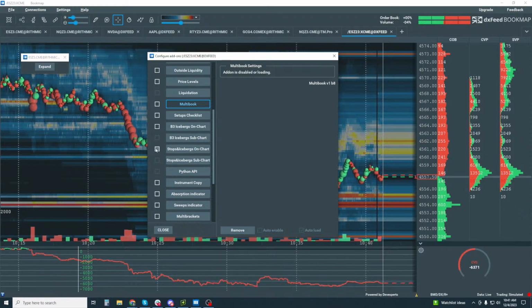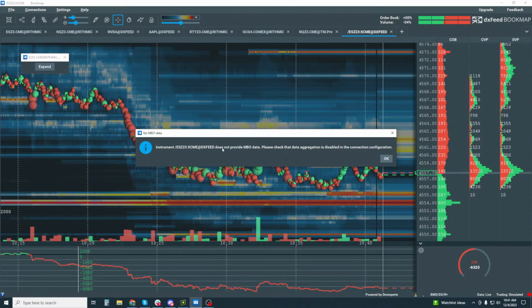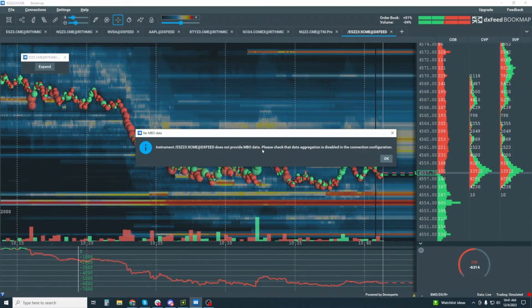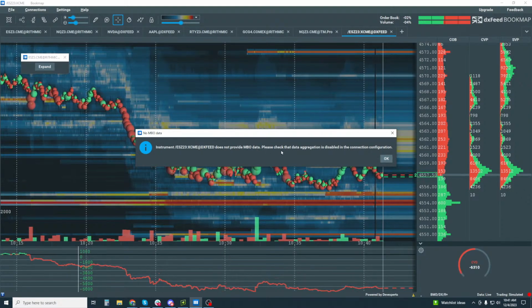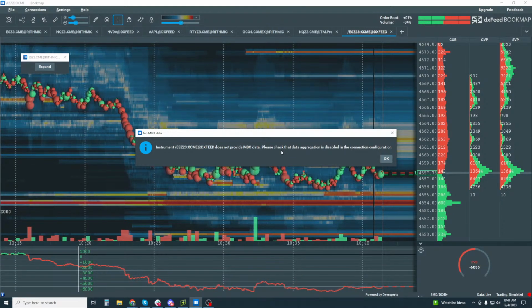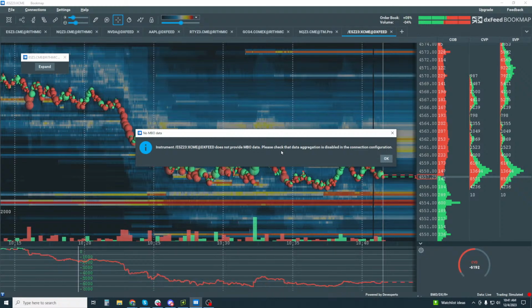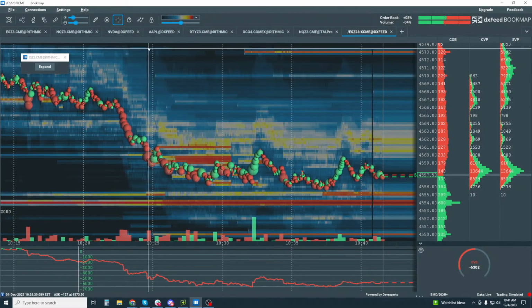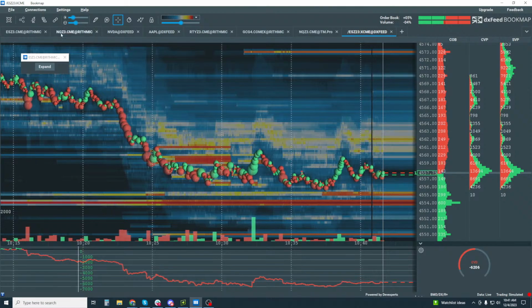Well, here's the warning that we have. Please reach out to support at Bookmap, and I'll also let the dev team know that you're saying it's supporting MBO data now. I guess we don't offer it.